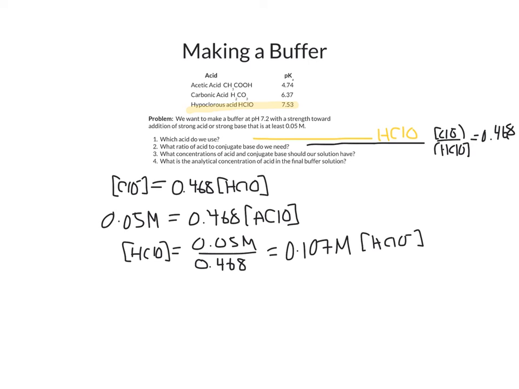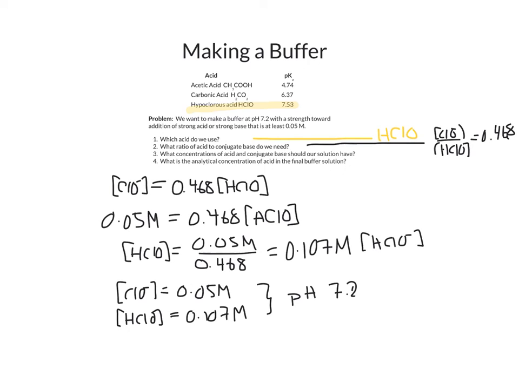So if I make my solution 0.05 molar in conjugate base and 0.107 molar in the conjugate acid, I should have a buffer that is at pH 7.2, and it should resist changes in pH to addition of strong acid and strong base up to at least 0.05 molar.